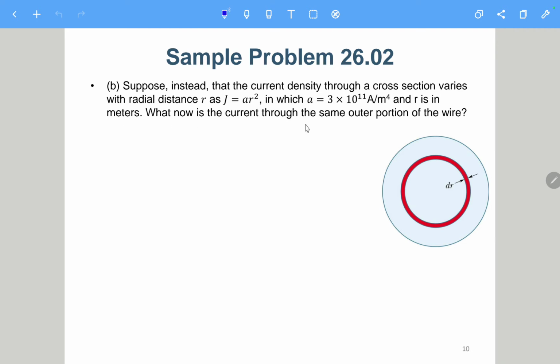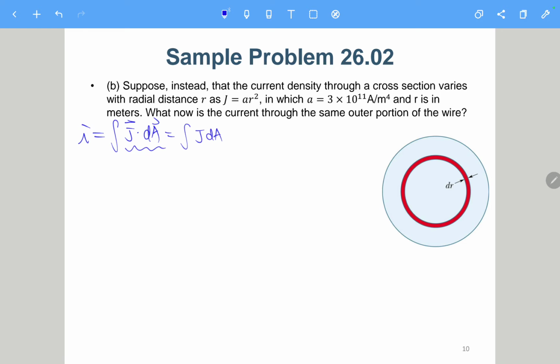So what now is the current through the same outer portion of the wire? Here we really need to calculate the surface integral J dot dA. But at least we can quickly know that J is parallel to dA, so we can write it as an integration of J times dA.